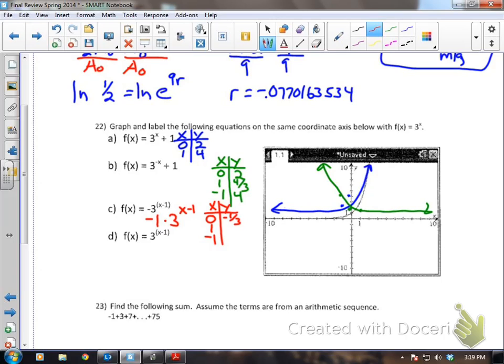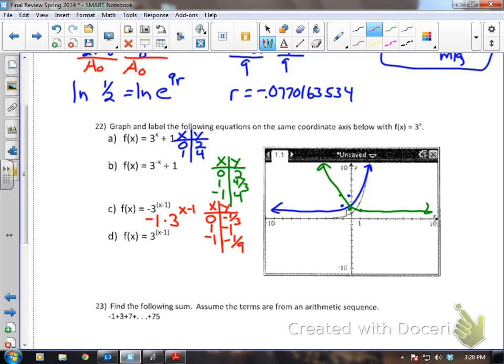So 3 to the 0 power, which is 1, and 1 times negative 1 is negative 1. And then if I put negative 1 up in there, I'm going to have negative 1 minus 1 in the exponent, which is negative 2. So 3 to the negative second power, which is 1/9, and 1/9 times negative 1 is negative 1/9.